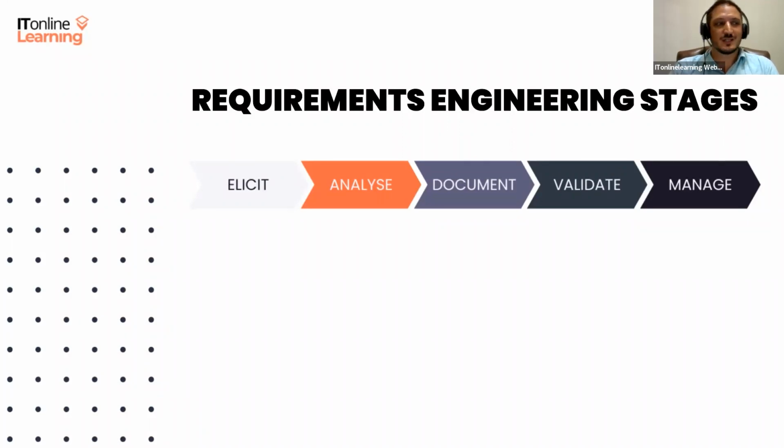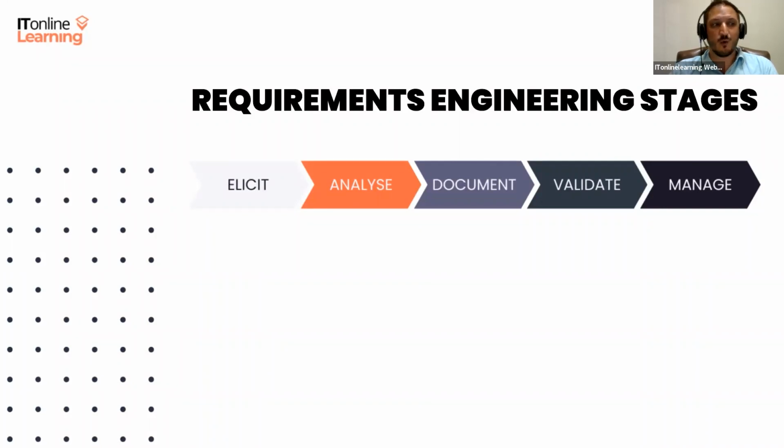So here we can see that the requirements engineering process has stages, but they don't quite follow a sequential process, which we'll look at later. These are the parts of the requirements engineering process, which has 5 parts: to elicit, analyze, document, validate, and manage the requirements.